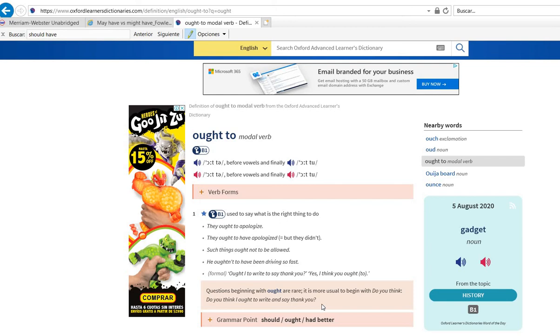Now, we also use should for polite expressions. I've done the washing up for you, or you shouldn't have, right? We use this highly idiomatic form of should in the past with ellipsis. You shouldn't have done that, right? Now, not in the sense of criticism, but actually as a way of saying thank you. Oh, you shouldn't have, right?